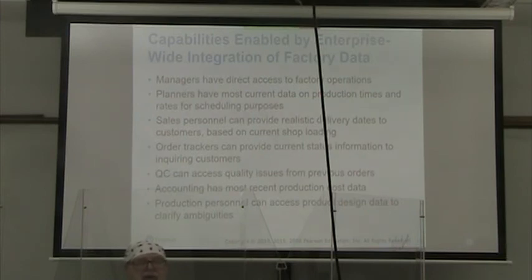Our quality control can access the quality issues from previous orders. Accounting has our recent cost data. Production personnel can access the product design data in case there's any question or ambiguity about what should be done.